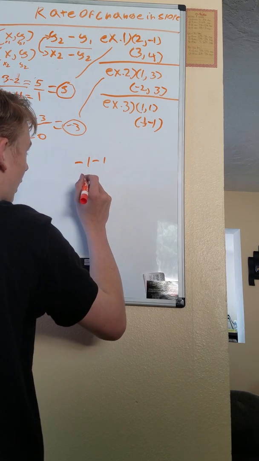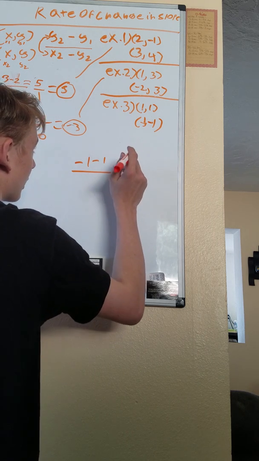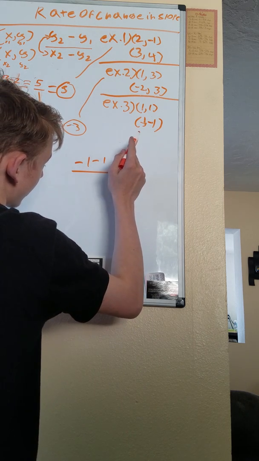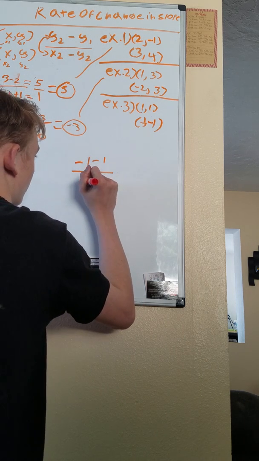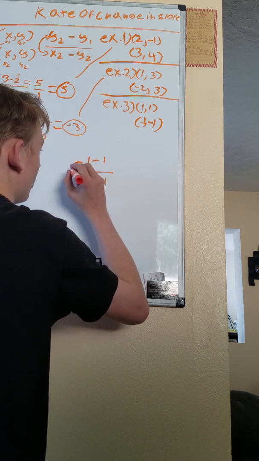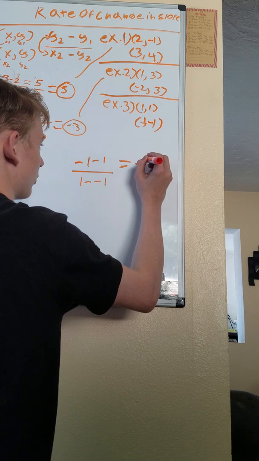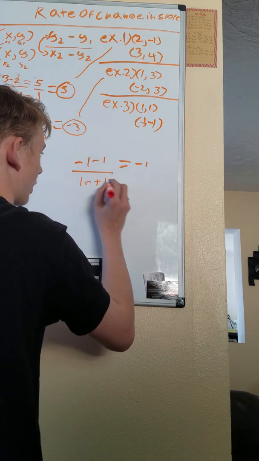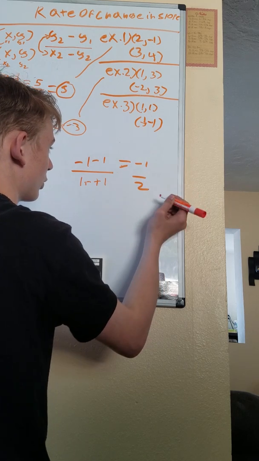Now we're going to have 1 minus -1. So -1 minus 1 equals -2, and 1 minus -1 is going to be 2. So 1 over 2 is 1/2.